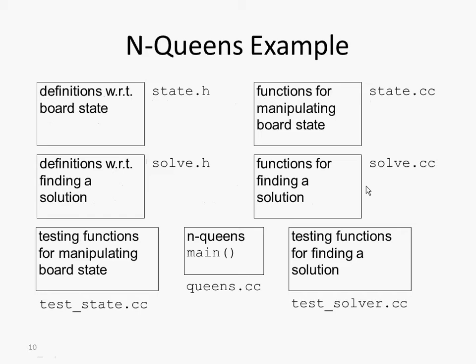Now we can have a single program where state.cc thinks the state has this information in it, and solve.cc is using states, but it's using the old version, the version that didn't have that information. And they're not going to talk with each other properly. They're not going to understand how to talk.